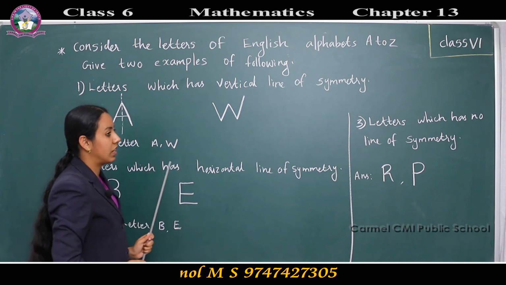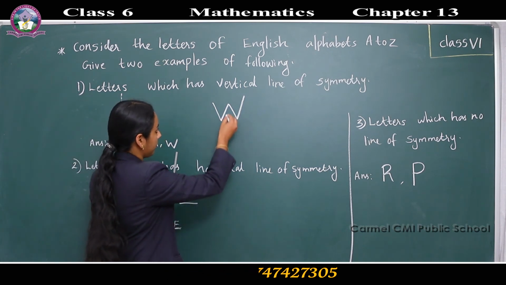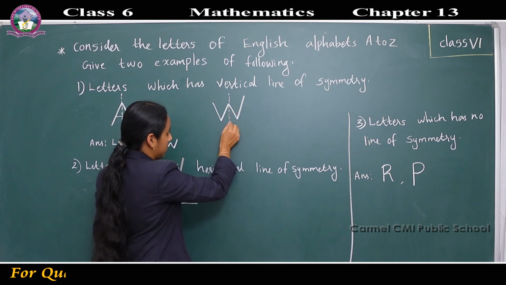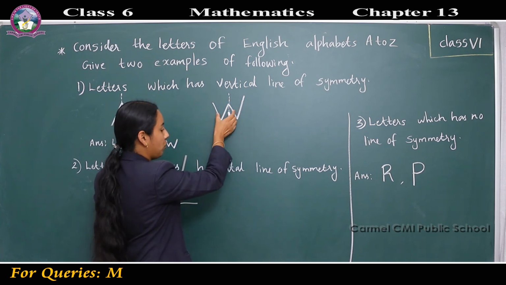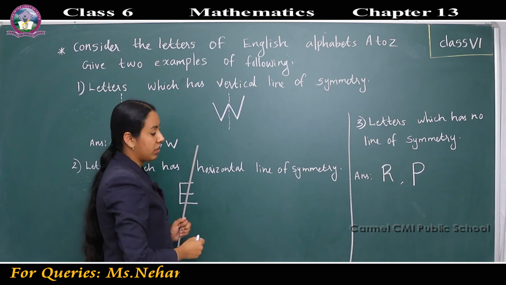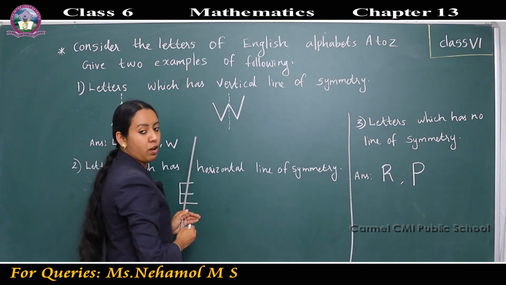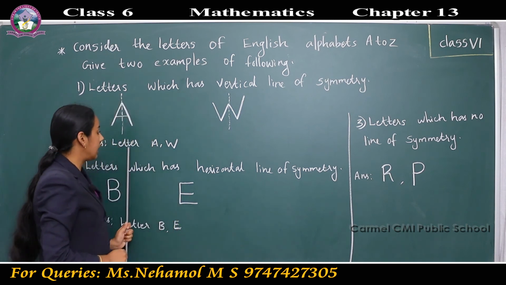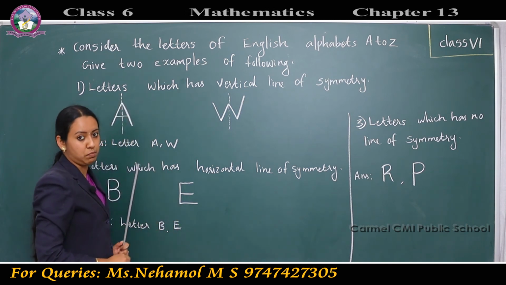So consider the letter W. Here also if we draw a vertical line of symmetry, we will get 2 identical parts and one part exactly overlaps the other part. So answer, letters A and W.